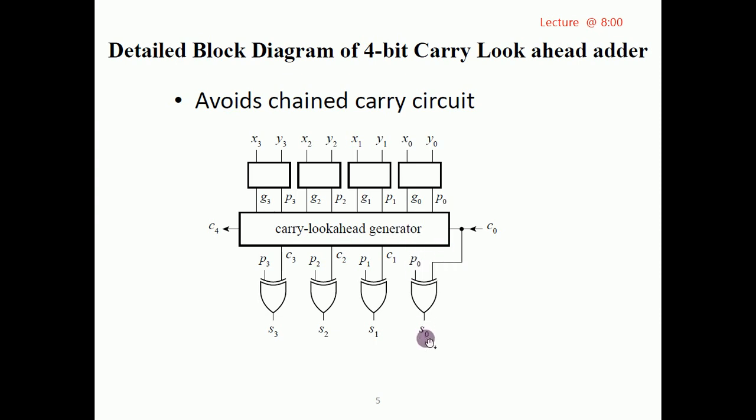We can see that sum is computed by Pi XORed with Ci: P0 XORed with C0, P1 XORed with C1, and it continues like that for the sum expressions. And the carry expressions, we have just now discussed. In that way, it will proceed.